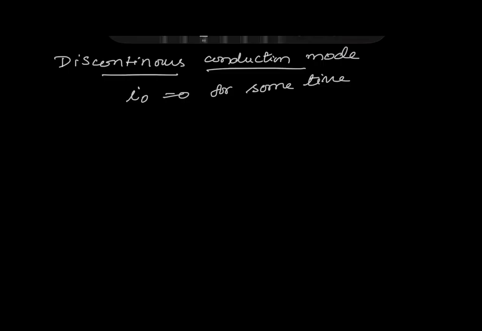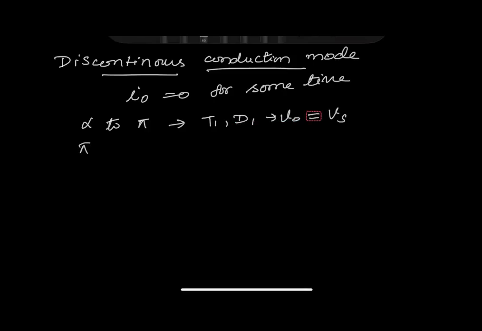At alpha, when we trigger T1, T1 will conduct from alpha to pi. So from alpha to pi, T1 will conduct along with T1, making V0 equal to Vs.